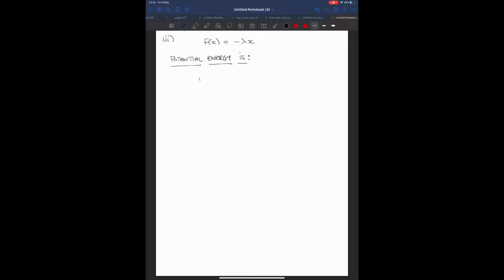It is v of x equals minus the integral of f of x dx. So if I just substitute this in, well, this gives me this. Just by direct substitution, I can bring the minus and the lambda outside. So this gives me lambda times the integral of x with respect to x. So that's integral of the displacement with respect to the displacement.